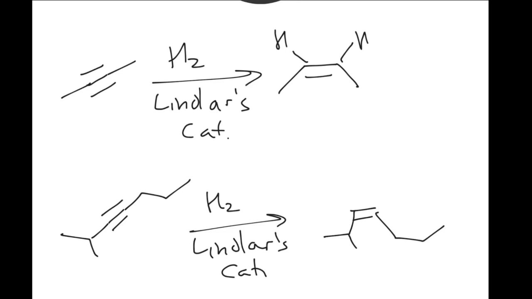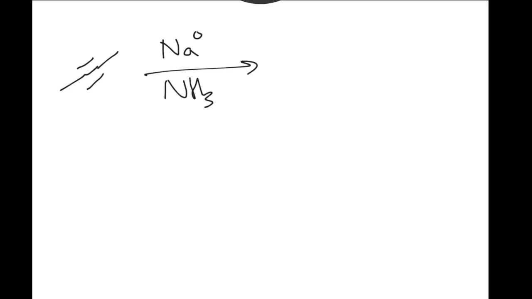All right. Now, if you want to make a trans double bond, there's another set of reagents to use. So here, you take sodium metal.